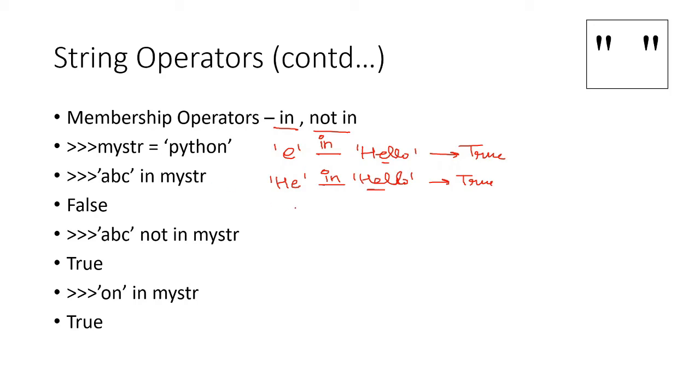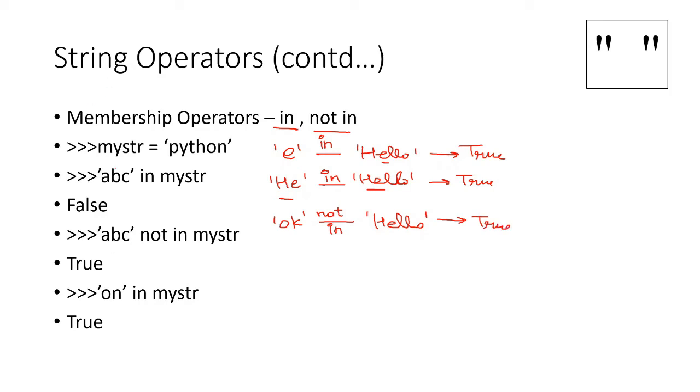Similarly, what the not in operator checks is if a certain sequence is not a part of another sequence. For example, if you were to check OK not in hello, as it is evident that OK is not present in this string, it is going to return true.